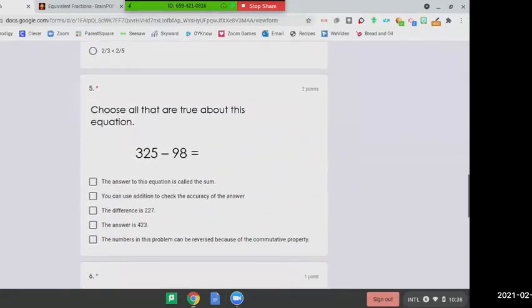Choose all that are true about this equation. We have the equation 325 subtract 98. 325 subtract 98 is equal to 227. So we have right here the difference is 227. We know that this is worth 2 points, so I should be selecting 2 because it says all that are true. The other statement that is true about this is that you use addition to check the accuracy of the answer.